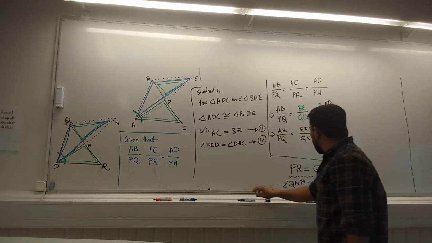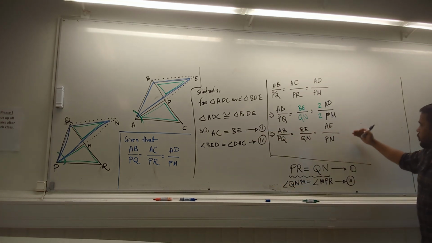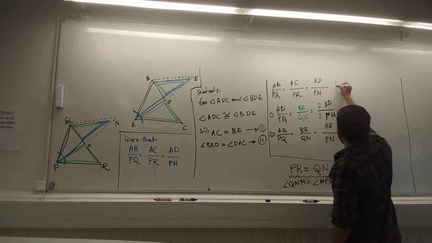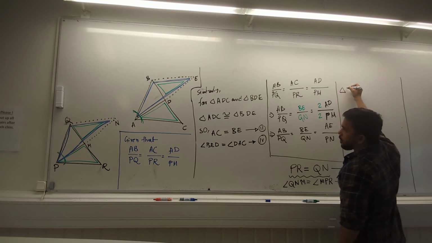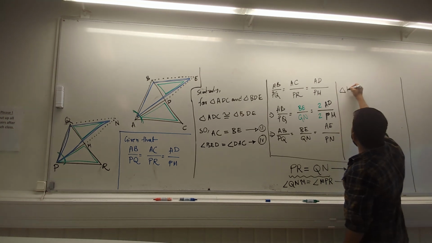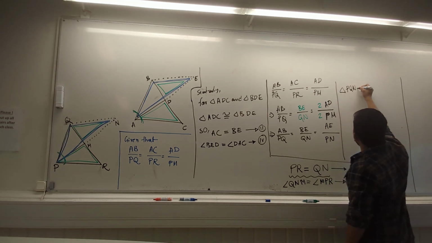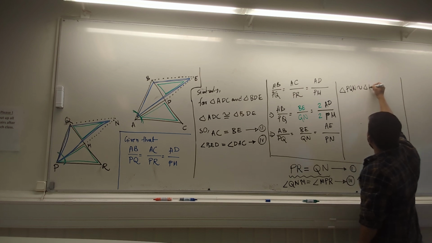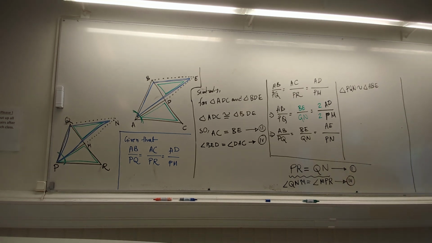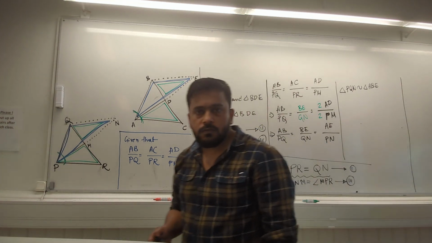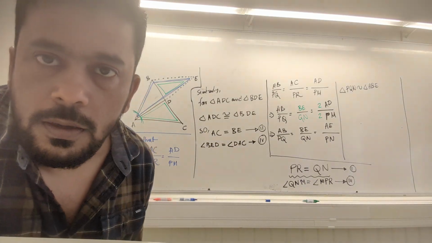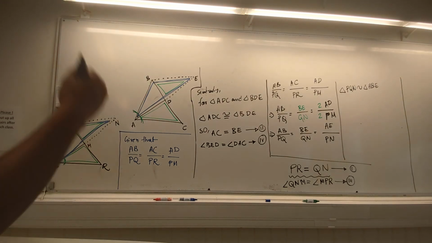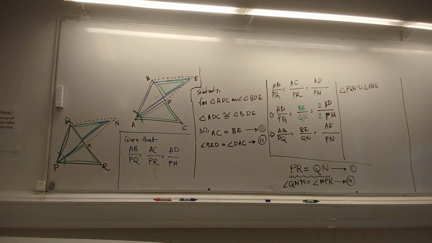So when we have this ratio, we can just as well claim that triangle PQN is similar to triangle ABE. I hope it is visible. Yes, it is. Okay, so PQN is similar to ABE.